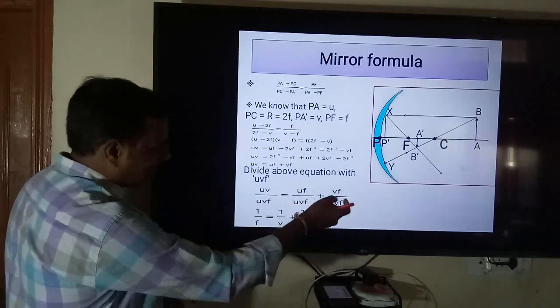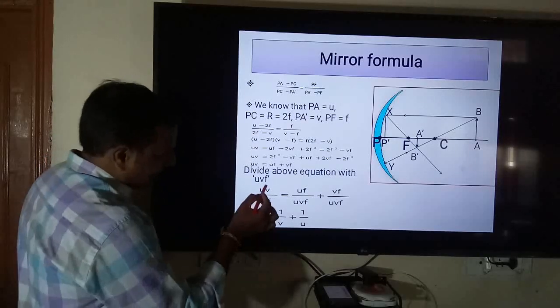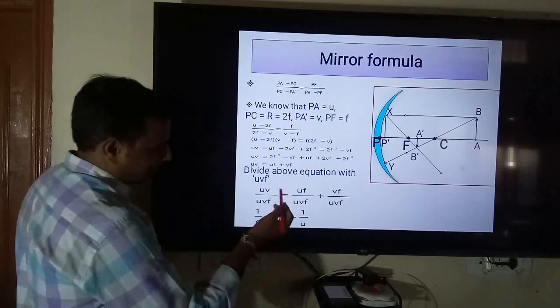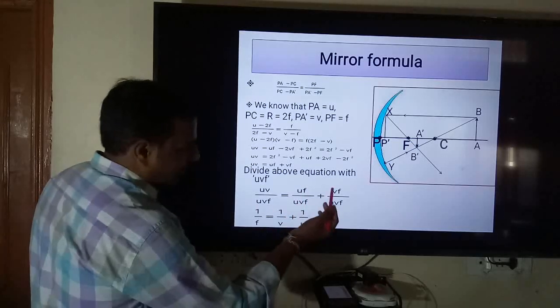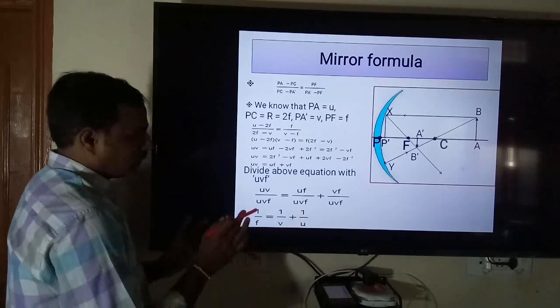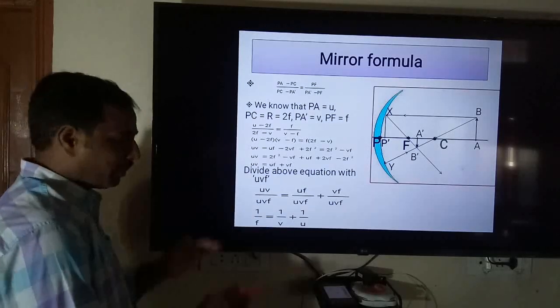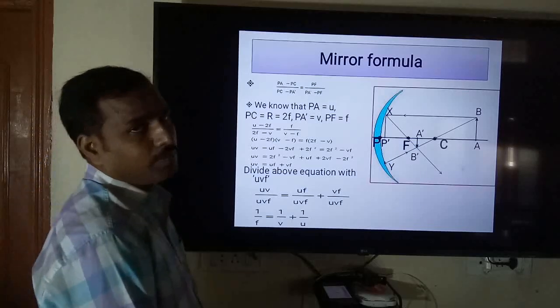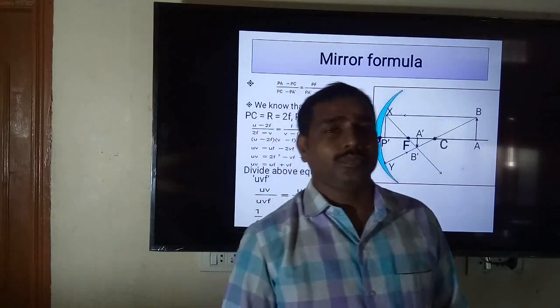We are dividing every term with UVF. Then UV gets cancelled. Here we get 1/F equals, UF gets cancelled, 1/V plus, VF gets cancelled, 1/U. So the required mirror formula we got, that is 1/F equals 1/V plus 1/U. This is the derivation of the mirror formula, friends.